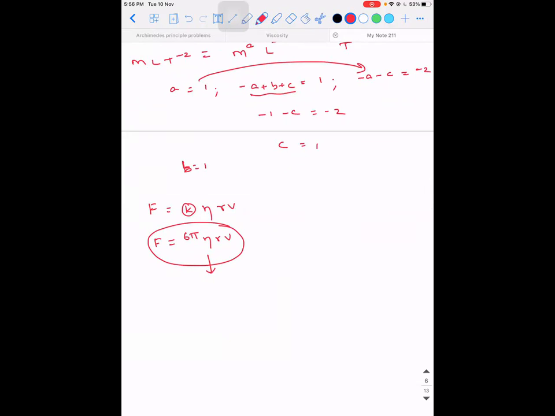Actually, if school was there, you would have done this experiment in the lab. Is that clear? This is called Stokes' law.